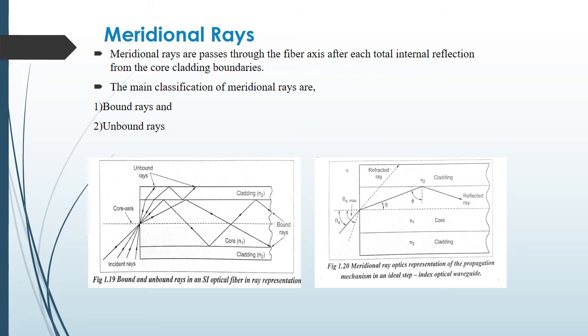From Snell's law, we have the minimum angle phi minimum that supports total internal reflection for the meridional ray, that is sin phi minimum is equal to n2 by n1. Here the total internal reflection allows the meridional ray a zigzag path along the fiber core, and it passes through the axis of the guide after each reflection.